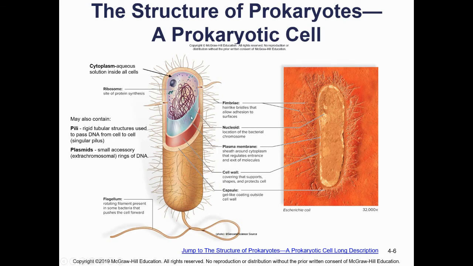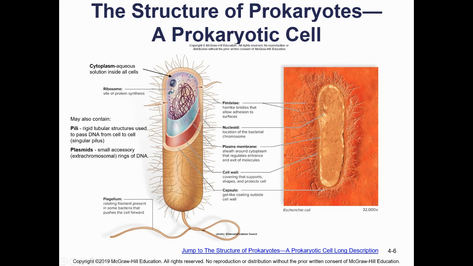This is an aqueous solution. That nucleoid region can move. It is not bound by anything. It's just floating in there. So it's not a set region, but if I have the right kind of microscope, and I see the darker, the denser region inside the cell, I know that's where all of the DNA is, where that single chromosome is. So that's my nucleoid region.